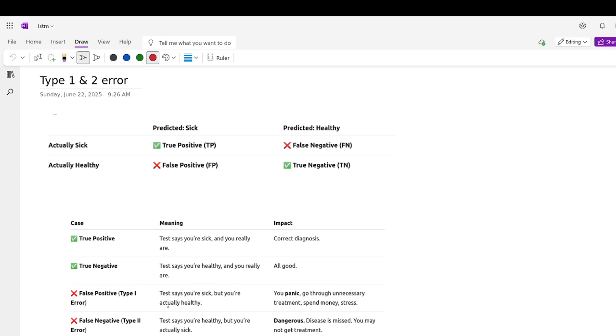So you panic, go through unnecessary treatment, spend money, stress, all those things will come up, right? But type 2 error is very deadly. Here the test says you are healthy, but you are actually sick. For example, in case of cancer, someone has cancer, but our model has predicted you don't have cancer. So he will not go for the treatment itself, right? That is our type 2 error, which is very deadly in such scenarios.